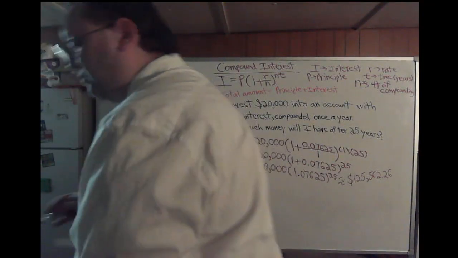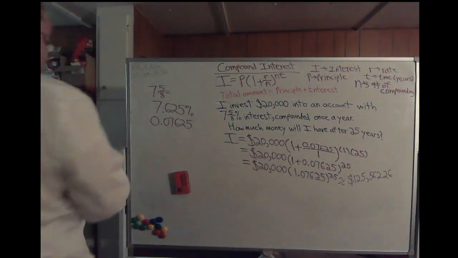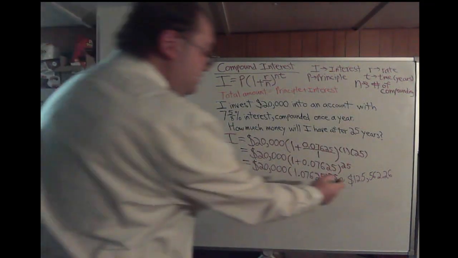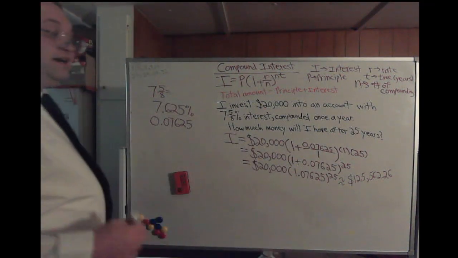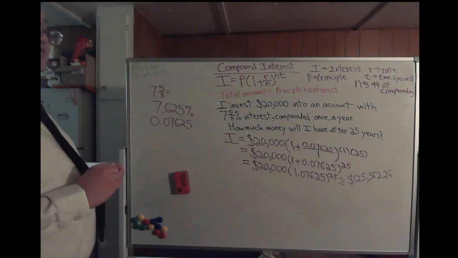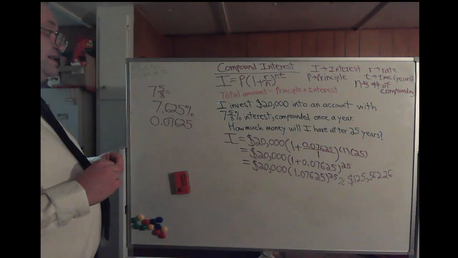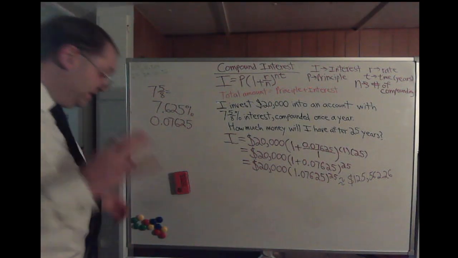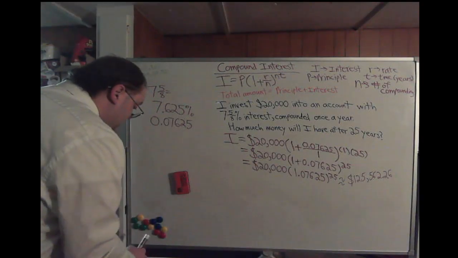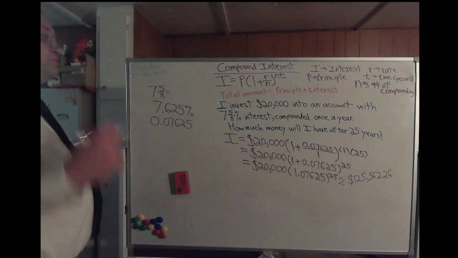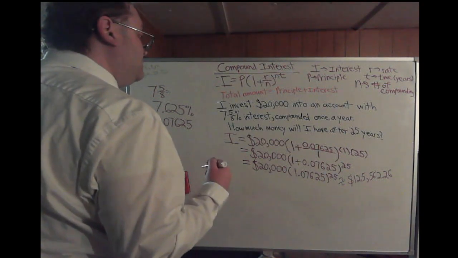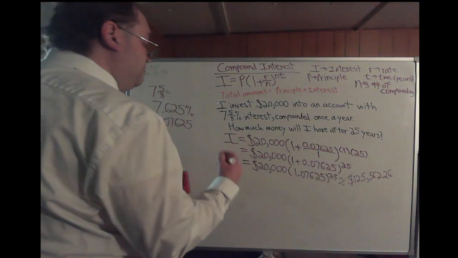So again, the interest, when you put all this into the calculator, rounds to approximately $125,562.26. That's just for your interest, mind you. We have to deal with the total amount of money that I'm going to be looking at here.